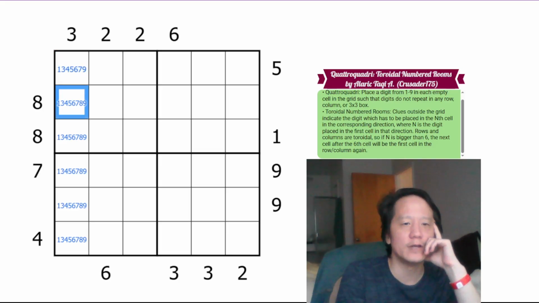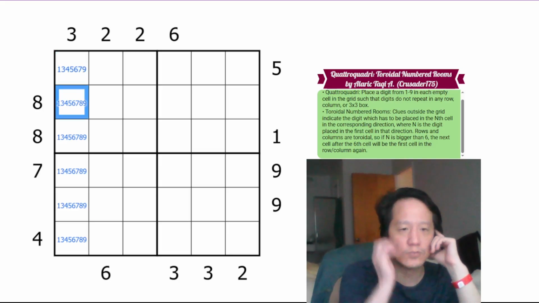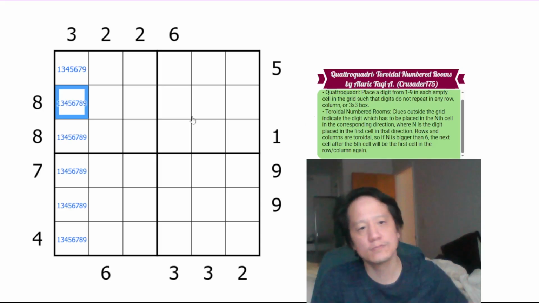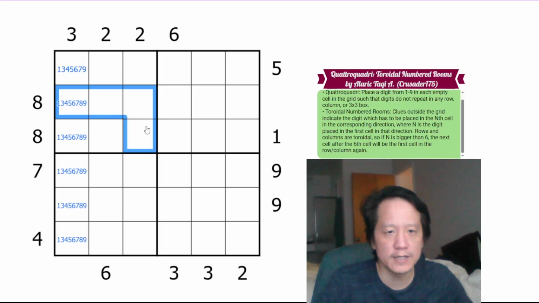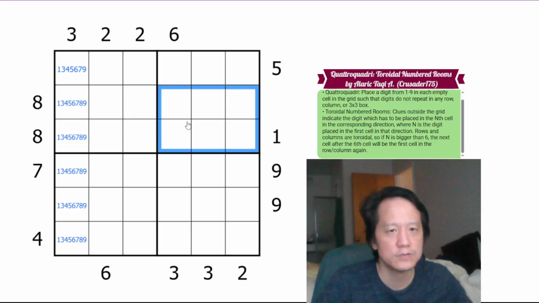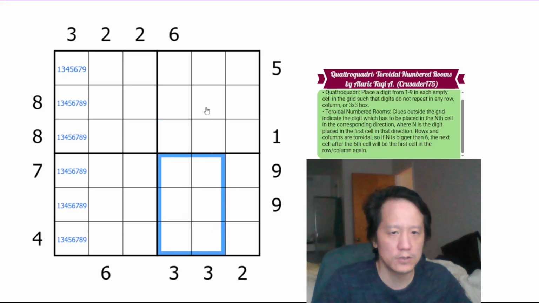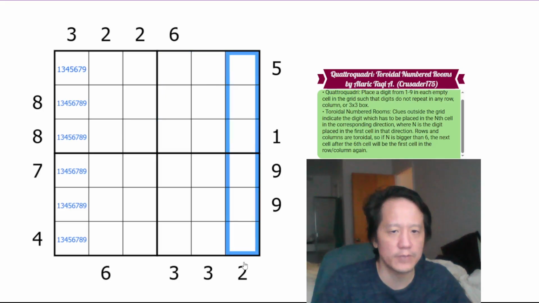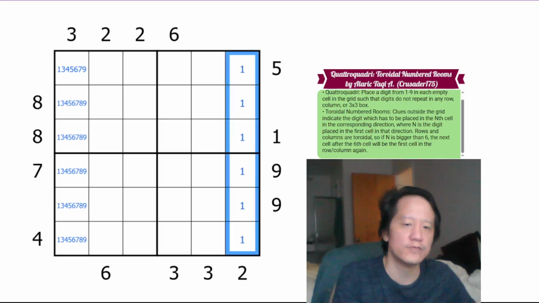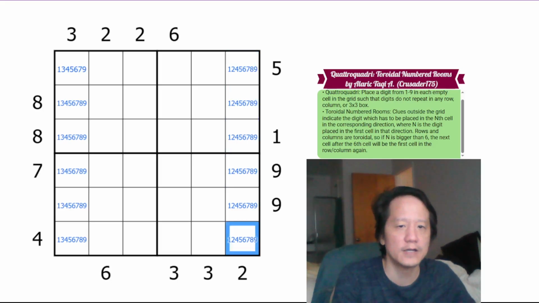Similarly, this can't be 8 because 8 has to be one of these 2 rows and then one of these 2 rows. Same with the 3 here. 3 has to be here and here. That means this cannot be 3. So we have 1, 2, 4, 5, 6, 7, 8, 9.